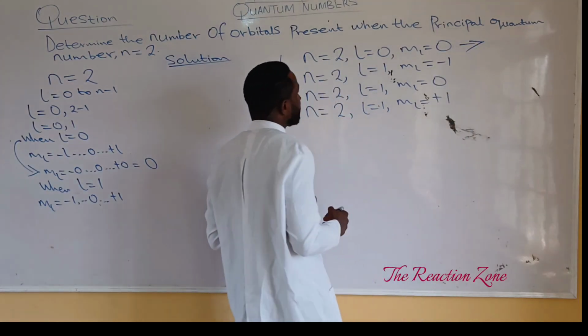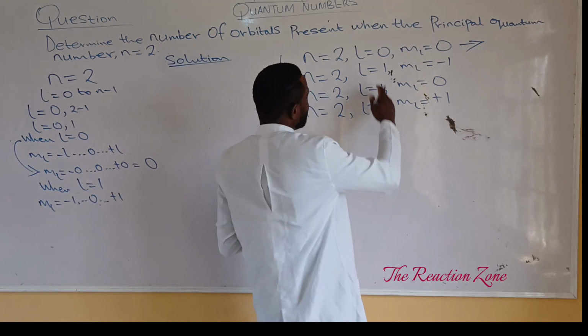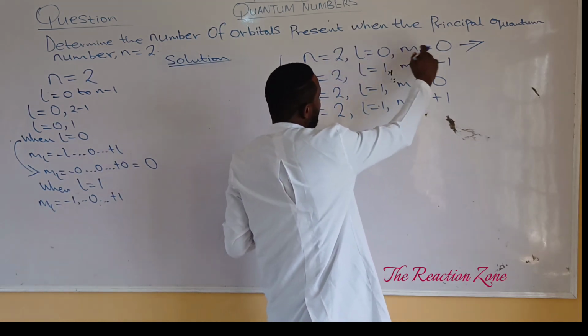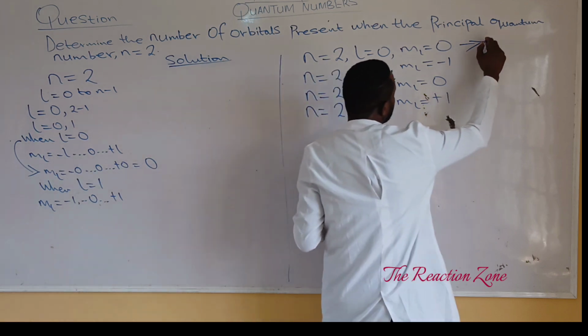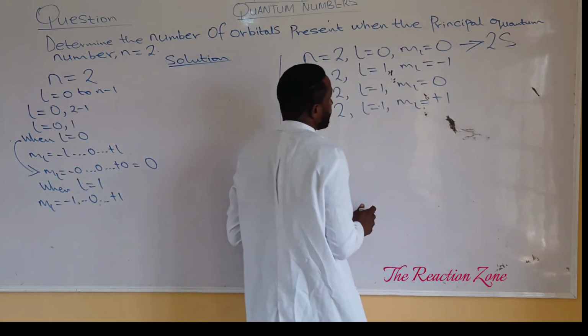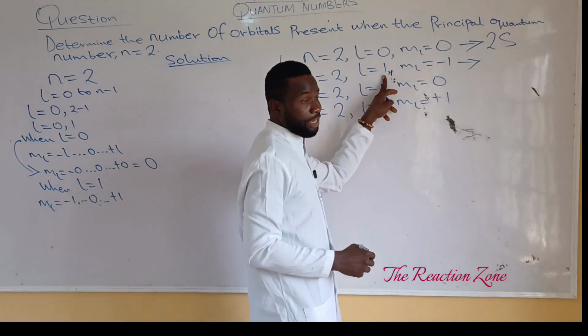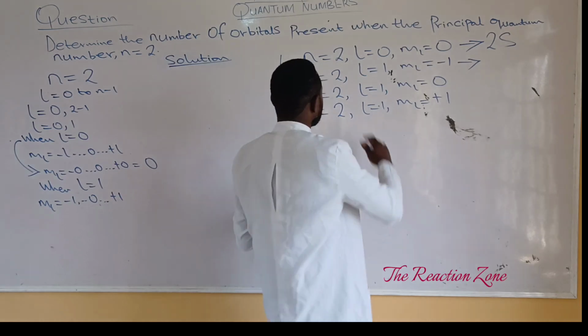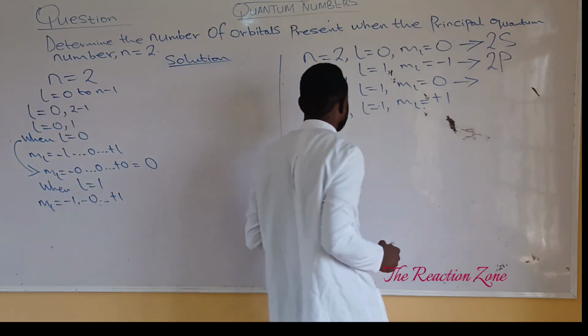For the first set, the value of l is 0. So it means that this set of quantum numbers describes an s orbital. Since n is equal to 2, it means that this set of quantum numbers describes a 2s orbital. For the second one, the value of l is equal to 1, and that means the orbital is a p orbital. So this set of quantum numbers describes the 2p orbital.